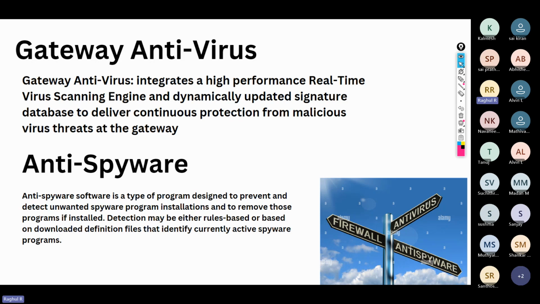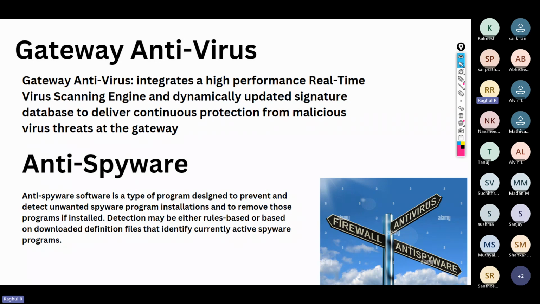And anti-spyware is kind of like antivirus, but it detects all the spyware tools or spyware scripts. So it won't allow any spyware to be installed on your computer. For example, someone used a pen drive to install some spyware on a system.